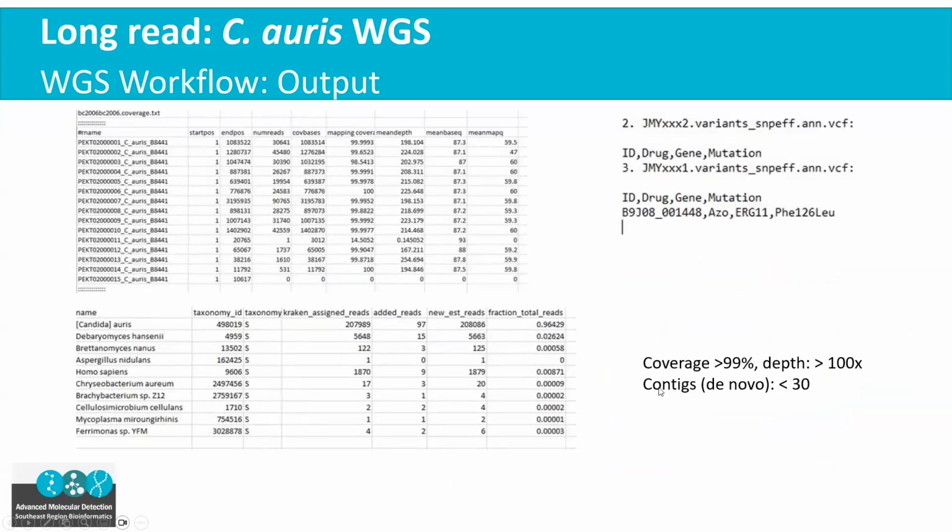We also have a list of drug resistance related gene loci to check for mutations and corresponding drug resistance patterns. We consistently achieve satisfactory coverage and depth from this sequencing, and PacBio long reads give us fewer contigs compared to short reads, indicating good assembly quality.